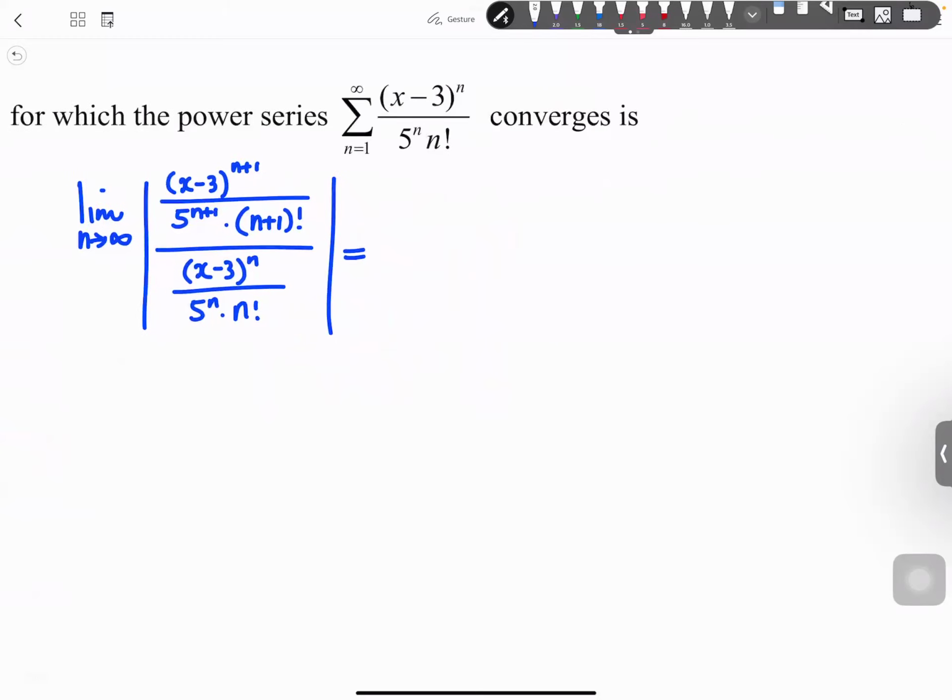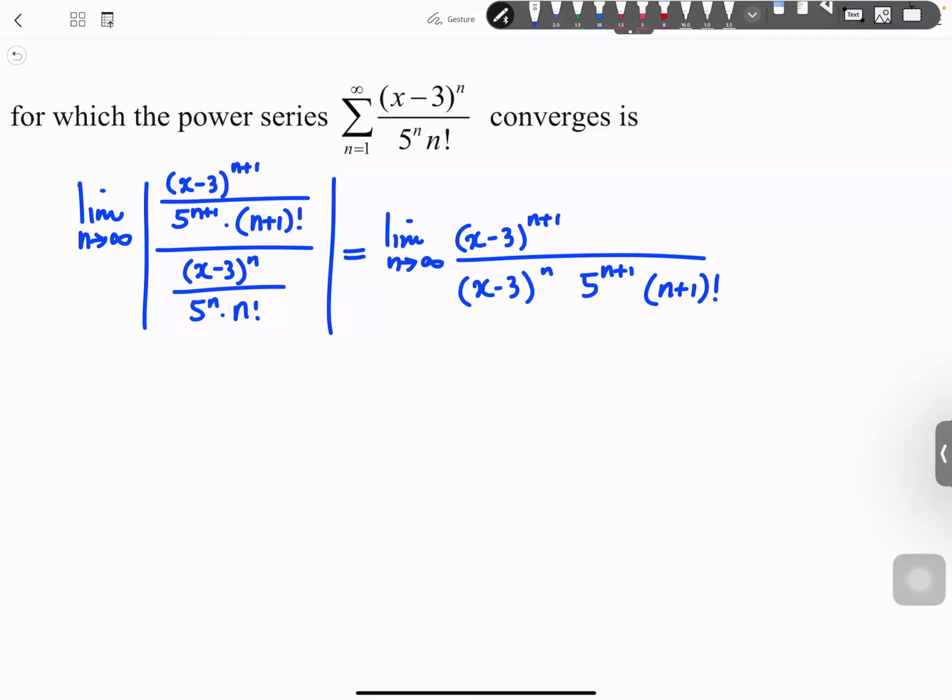All right. So I'm going to flip and multiply. So I'm taking the limit as n goes to infinity. So I will have (x minus 3) to the power n plus 1. As I flip, I'm going to rearrange so I get like terms together. So here I will have (x minus 3) to the n, 5 to the n, and n factorial.